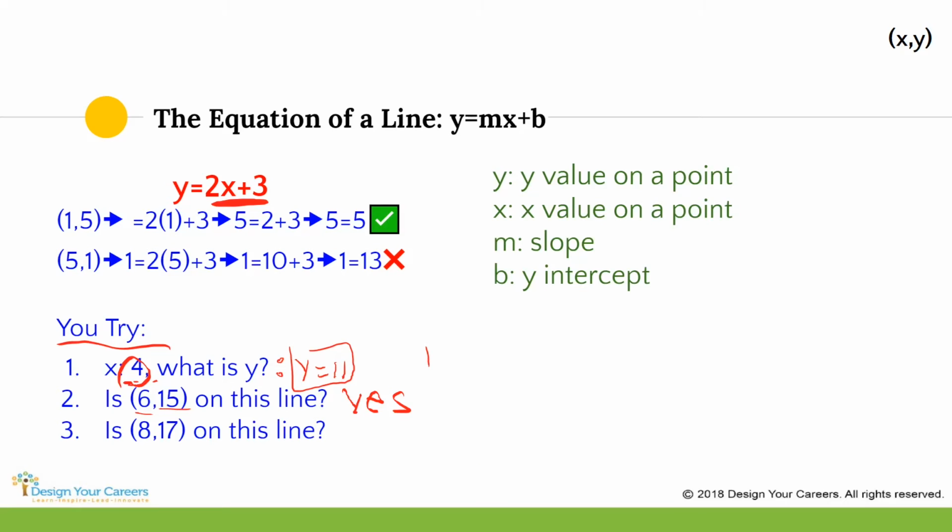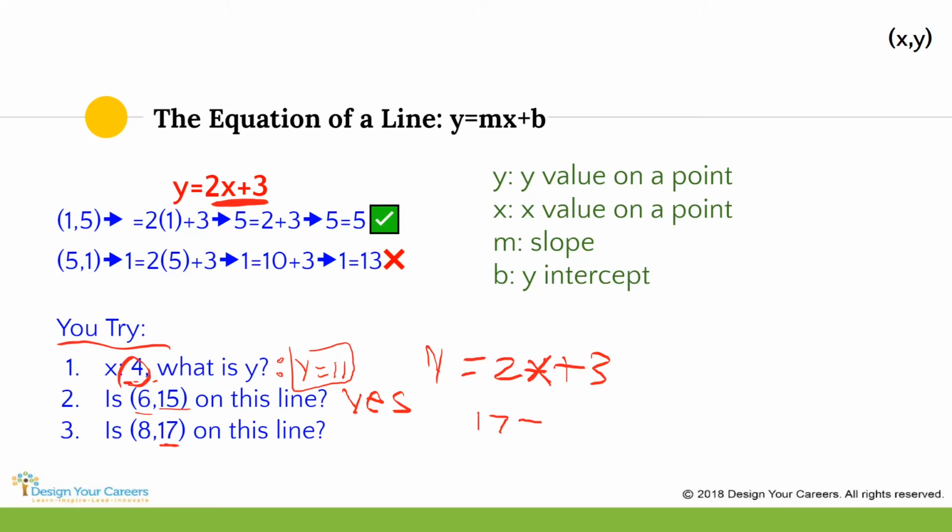All right, moving on to the next one. Is the point 8, 17 on the line? For this one, we're doing the exact same thing we did for the last one, right? So we plug into y is equal to 2x plus 3. Okay, there we go, 2x plus 3. All right, so our y value is 17.